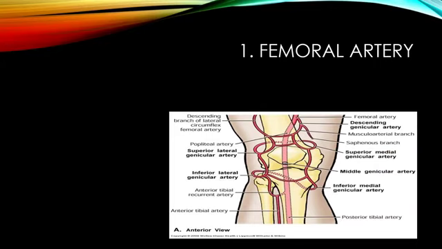First, let us begin with the femoral artery. We will discuss the femoral artery with respect to its position in the adductor canal. The femoral artery extends from the apex of the femoral triangle up to the adductor hiatus, that is the tendinous opening of the adductor magnus.